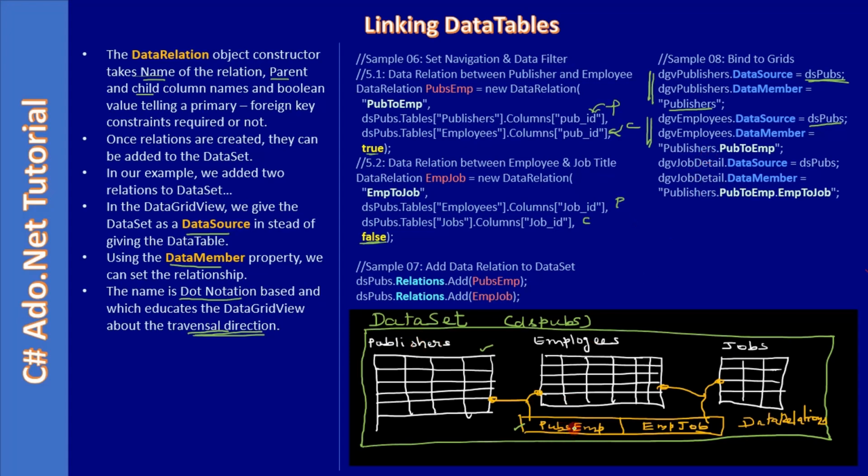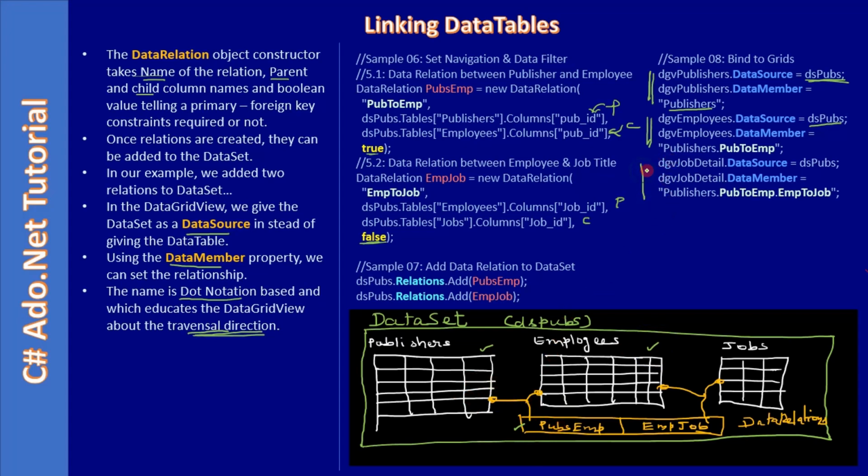Here we are not giving the instance name, instead we are giving the relationship name, pub to emp, right? So here we specified the parent and the relationship name, so it knows where the child is. So the employee data grid view is also ready. It knows it needs to populate the employee table in the corresponding data grid view through this, and there is a relation also between publisher and employee.